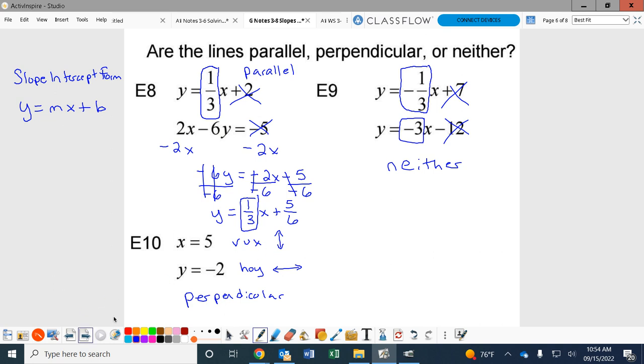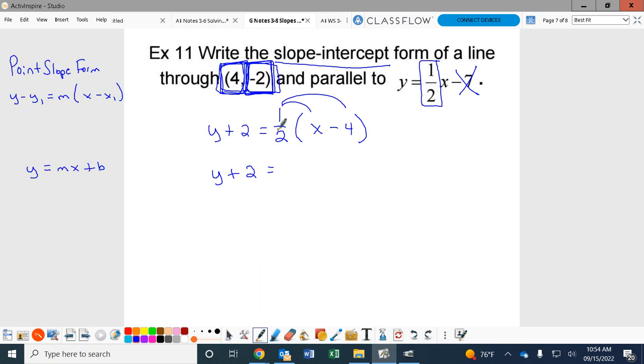Good question. All right? 1/2 times x is going to be 1/2 x minus, guys, we don't need a calculator for this, right? What's 1/2 of 4? 2. Then the last thing is going to be minus 2 minus 2. And y equals 1/2 x minus, guys, negative 2 and negative 2 is a total of negative 4.